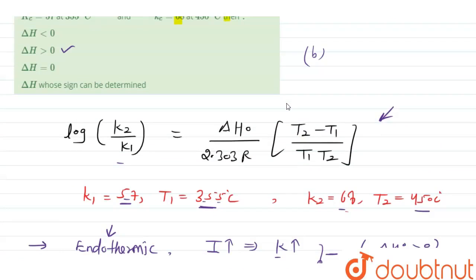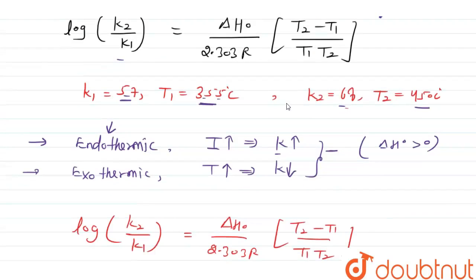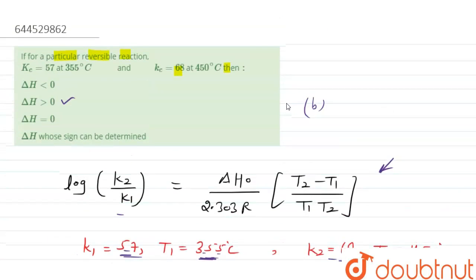So when the equilibrium constant is increased with temperature, the process is endothermic, and for an endothermic process delta H naught is always greater than 0. For an exothermic process, delta H naught is less than 0. Here the process is endothermic because with increase in temperature our equilibrium constant increases. So which option is correct? Option B should be our answer.